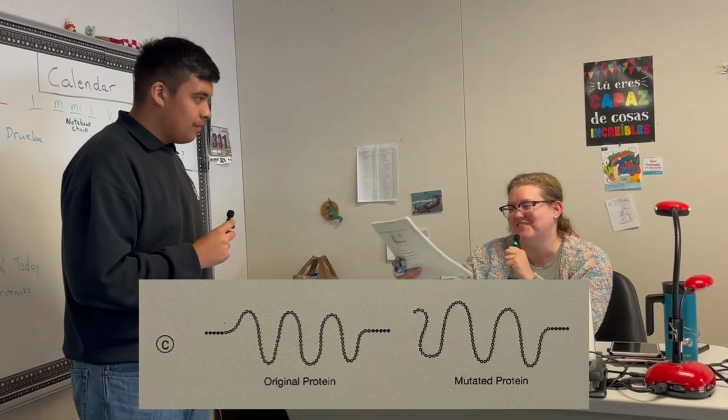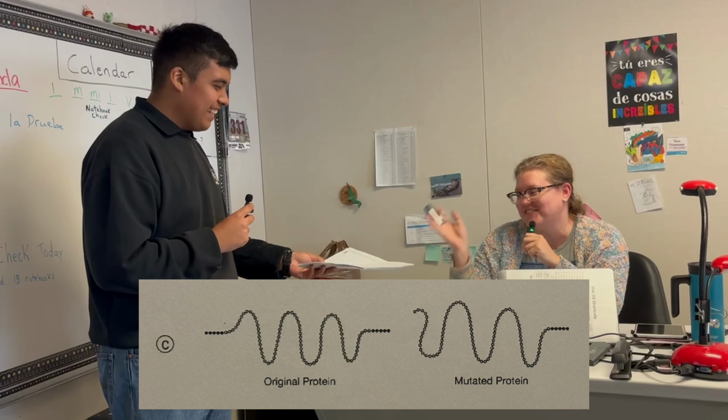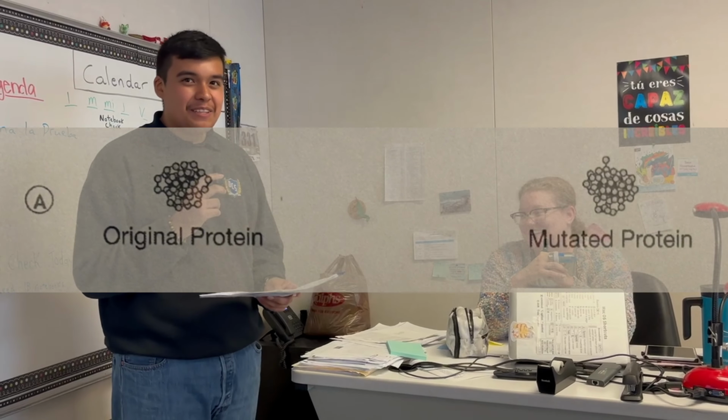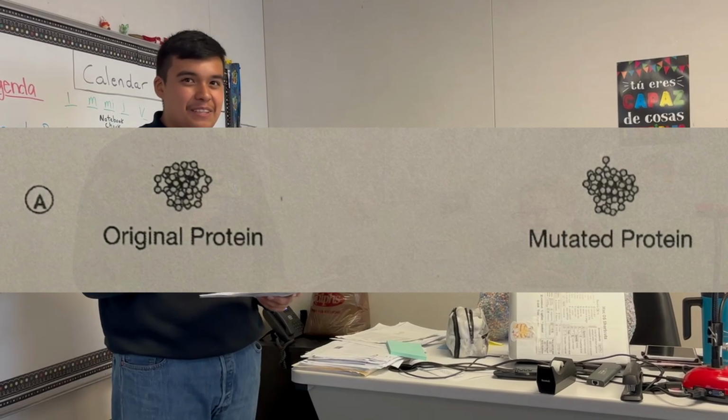I'm going to be probably stupid and say C because I'm reading it and my brain is confused right now, so I'm guessing I'm getting it wrong. That is wrong. See, I told you I was gonna get it wrong. The answer is A. And it has to be a picture because it's yeah.